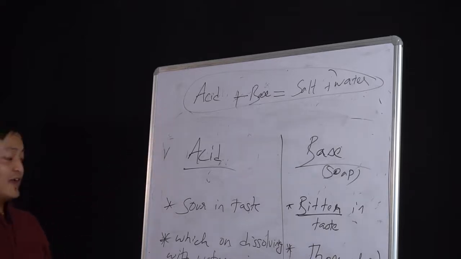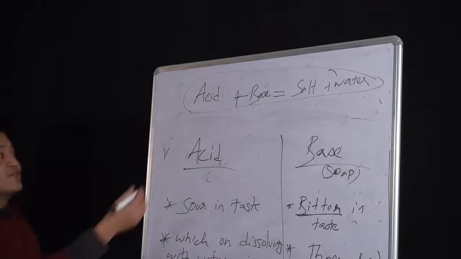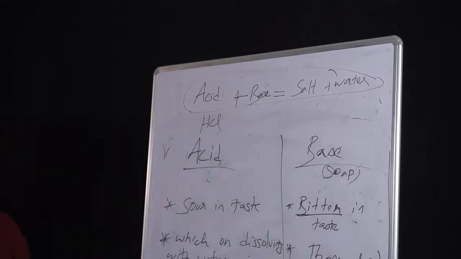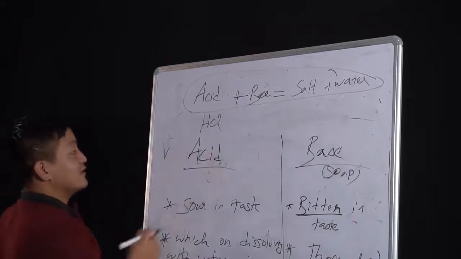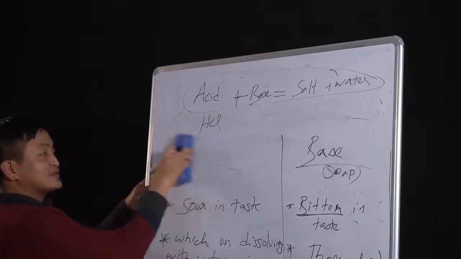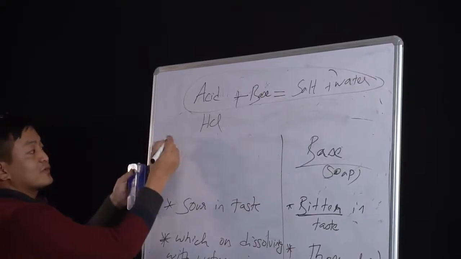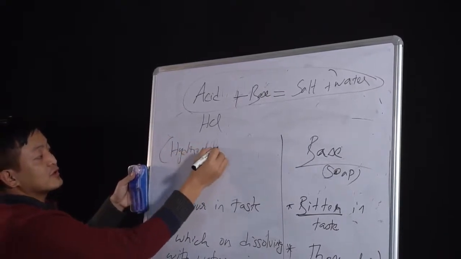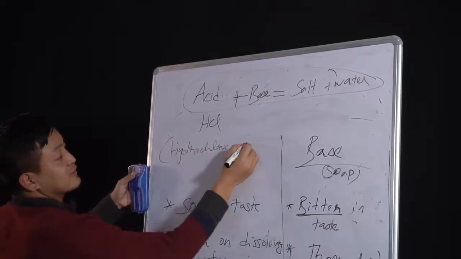So now let's give an example of an acid. Let's give HCl. HCl is hydrochloric acid. Let me write here, hydrochloric acid.